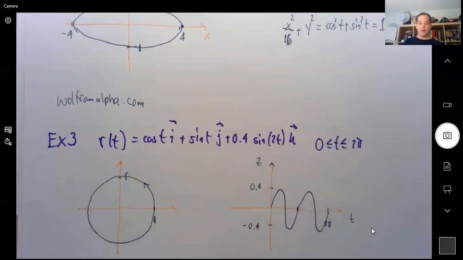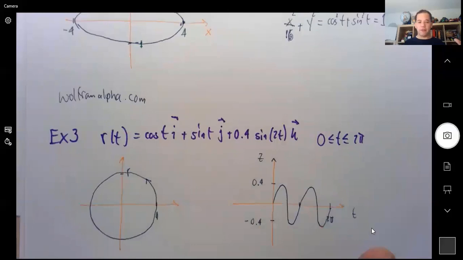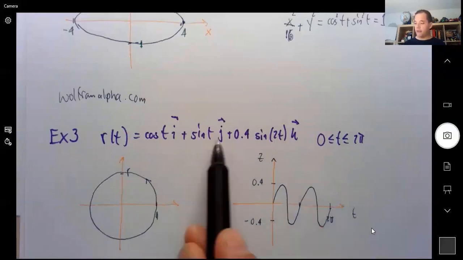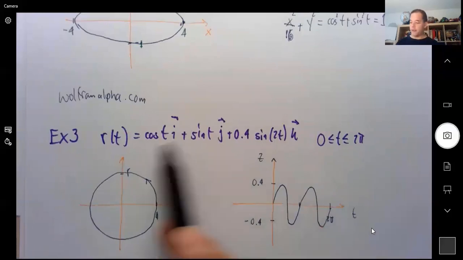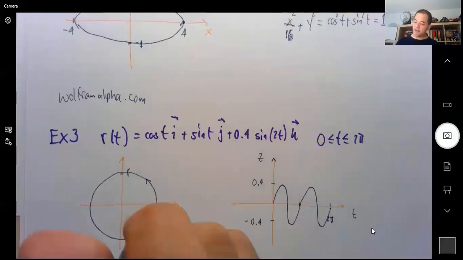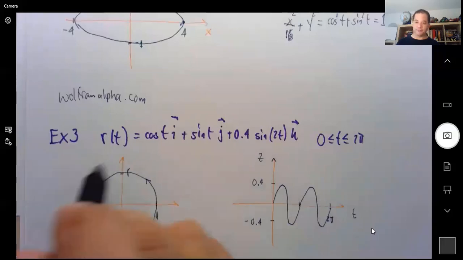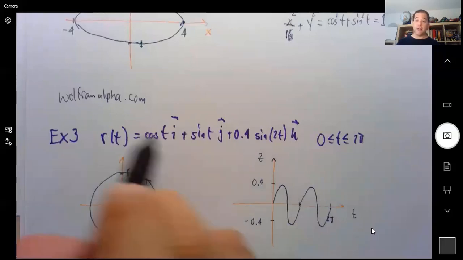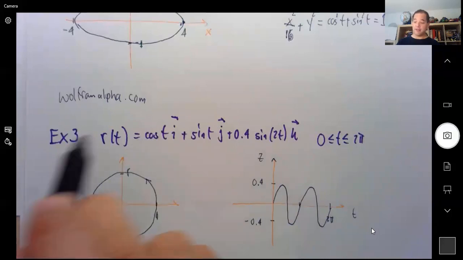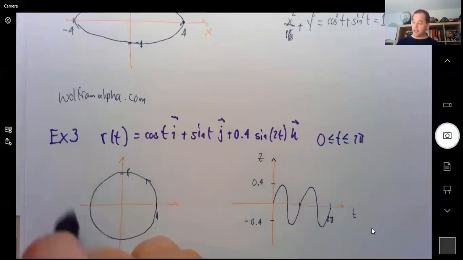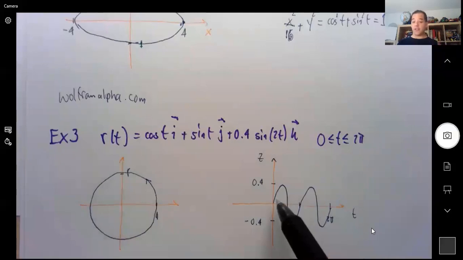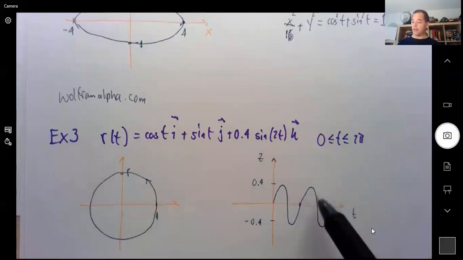Okay? So I hope this is enough for you to already visualize what this one over here is going to do. See, this is what it's doing. On the x and the y, it just goes around as a circle. And then, at the same time that it's going around as a circle, it's going in the z direction. It's going up, down, and up again, right?